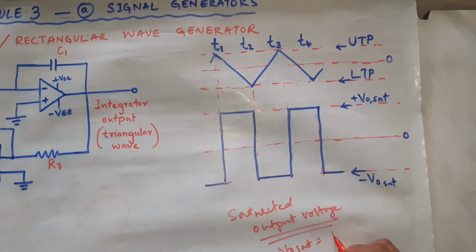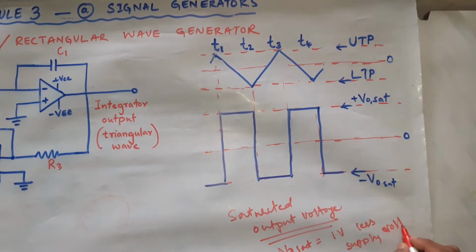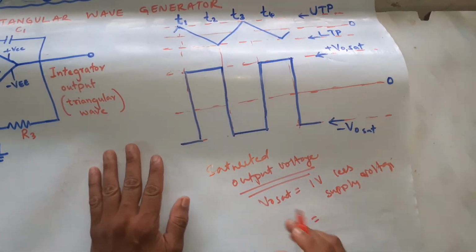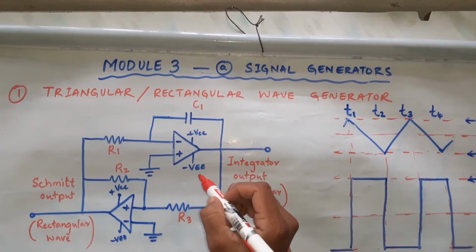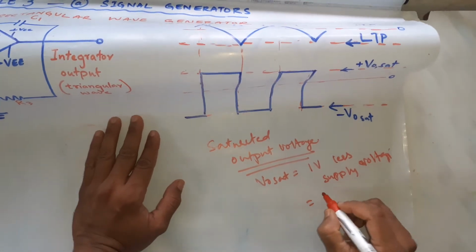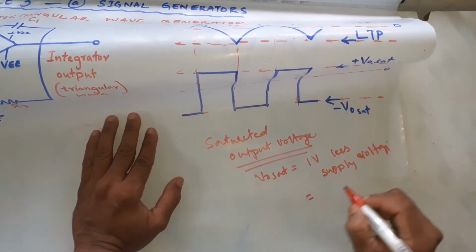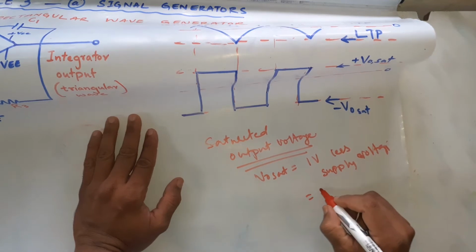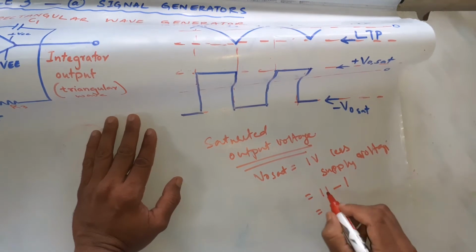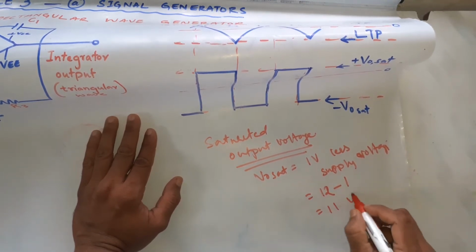This V0 SAT will always be 1 volt less than the supply voltage. Which supply voltage here? The VCC and minus VEE that we apply: 9 volt, 12 volt, 15 volt. Whatever the supply voltage is, if it is 12 volt, then V0 SAT will be 12 minus 1, that is 11 volts.